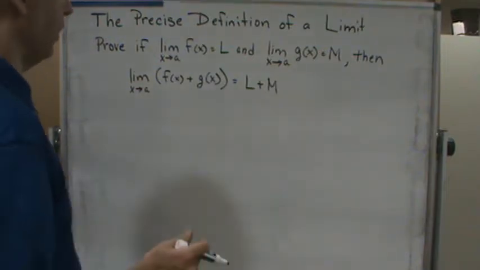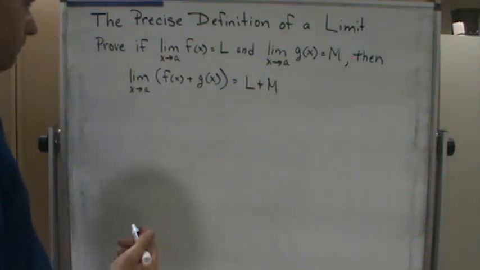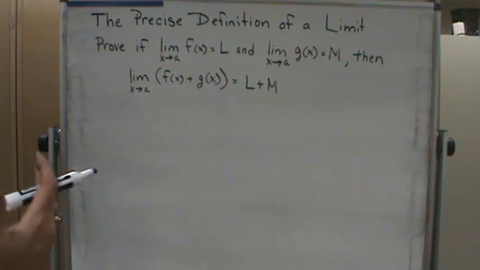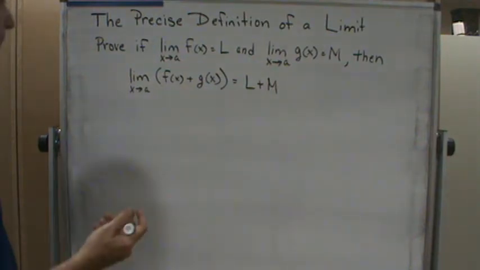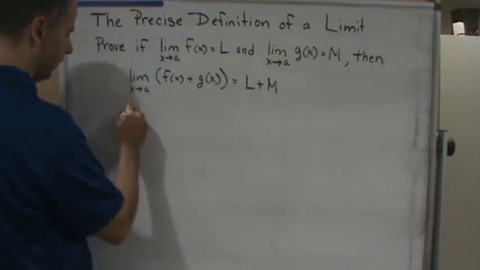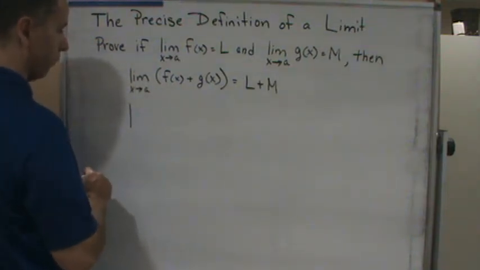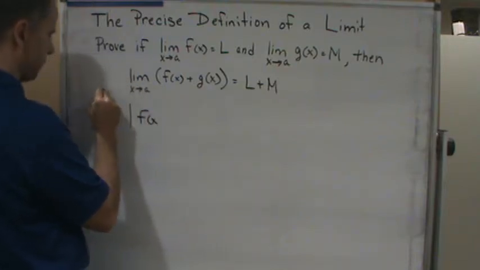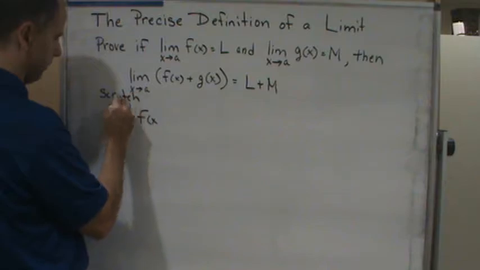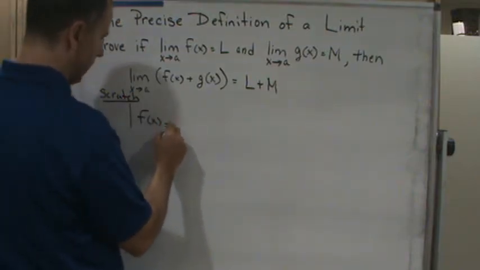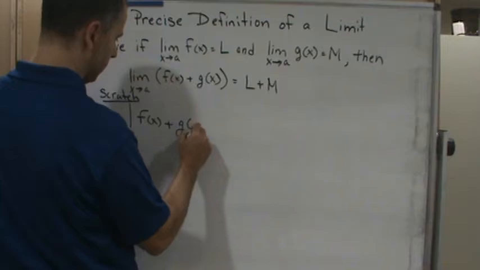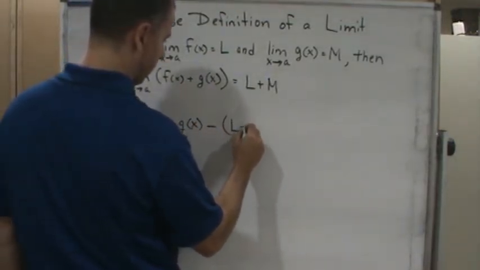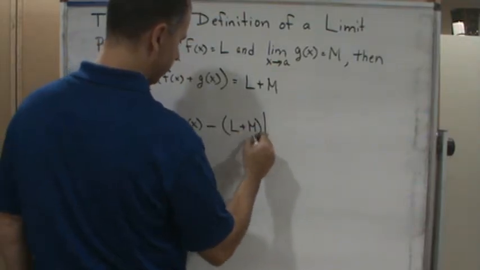Okay, so now we are going to use the triangle inequality in this case, because what we have to do is we start with what? We start with the absolute value of f of x. So here's my scratch work. Okay, so plus g of x minus L plus m.